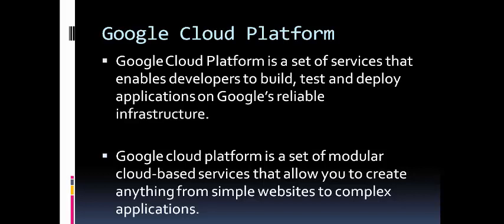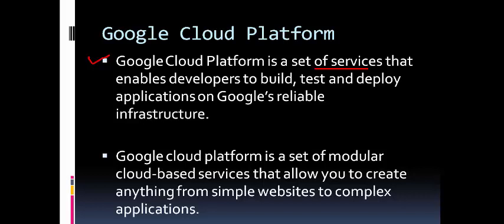So students, it is well defined that Google Cloud Platform is a set of services that enables developers to build, test, and deploy applications on Google's reliable infrastructure. That's why it is a suite of public cloud computing services offered by Google.